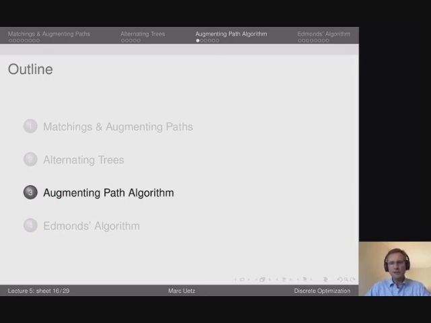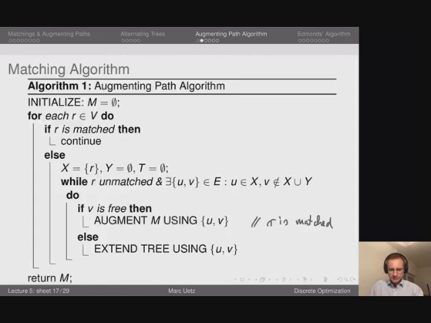But unfortunately, it does not yet work in general, because in fact, we might overlook some M augmenting paths. But first, let us have a look how this generic augmenting path algorithm actually works, even though it does not function for arbitrary graphs yet, because it's actually kind of cute and also non-trivial.